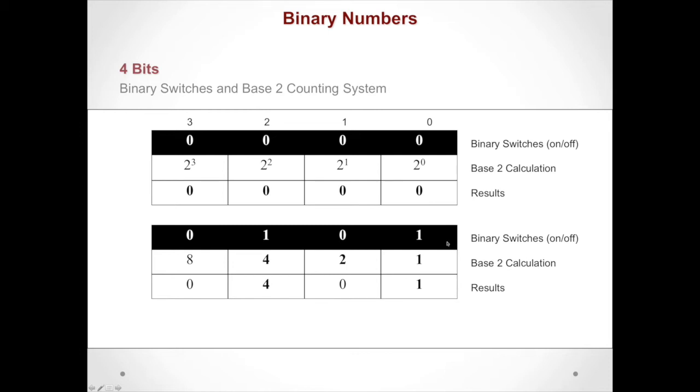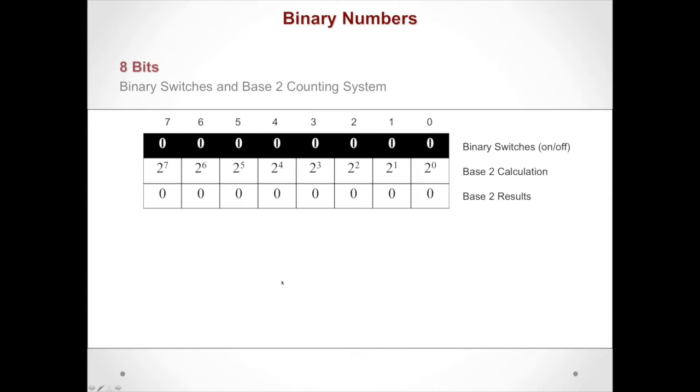So binary number system is essentially a switch, switching off and on, with a base 2 calculation below where you multiply with the switches and you get the results and you sum them together. That's how it works. Very basic, okay? And the result is 5.